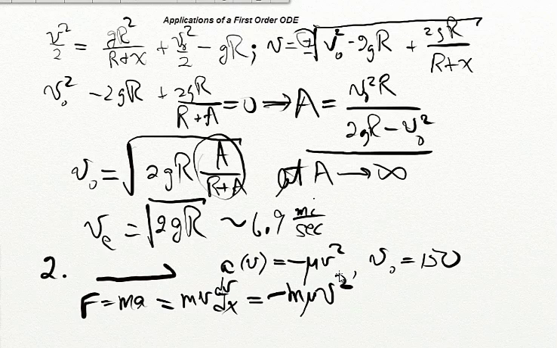By the hypothesis on the acceleration, the m's cancel, and we get a first order ordinary differential equation again, even simpler than the last time. Notice one of the v's cancels, and so we get the equation dv dx equals minus mu v. That's easy to integrate, and we'll do that on the next page.